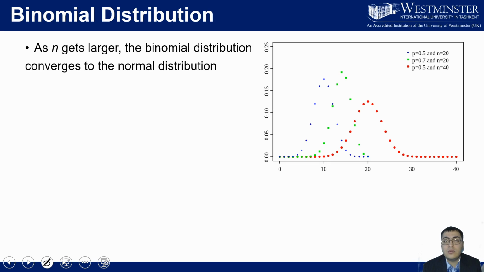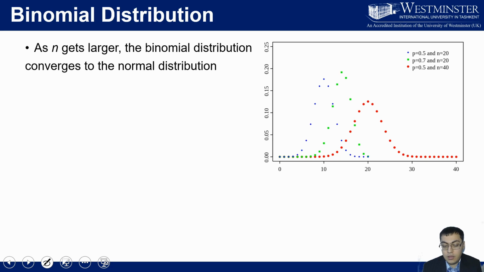One last thing to note about a binomial distribution is that as the number of Bernoulli tries that I do keeps increasing, and provided that the probability remains constant, this binomial distribution starts to converge closer to the normal distribution.